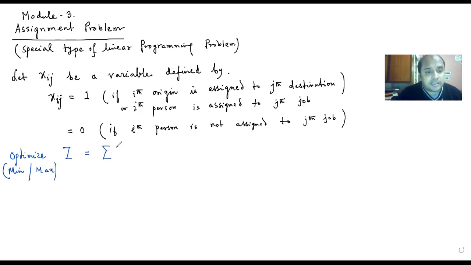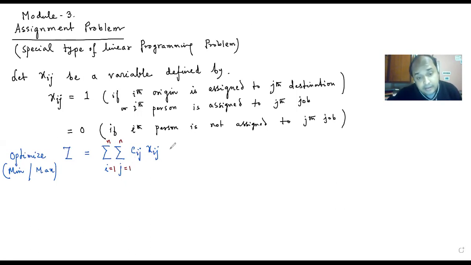So this is the double summation over i, j, of cij xij, where the range of i is from 1 to n, and the range of j is from 1 to n.